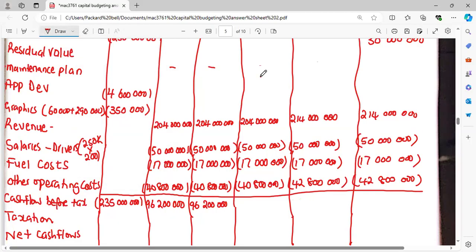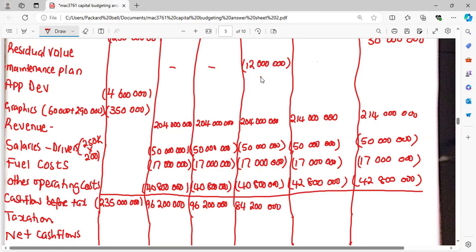So our maintenance plan is in year 3 because it's paid upon expiry. So the 12 million is here, not in year 4. Right, so how much are we now going to have here? I think we need to recalculate this line now. 84,200,000.